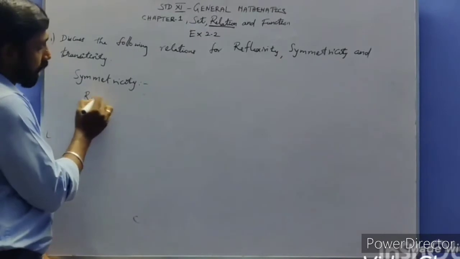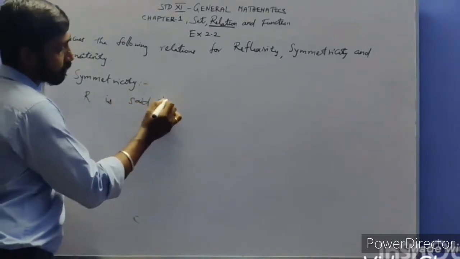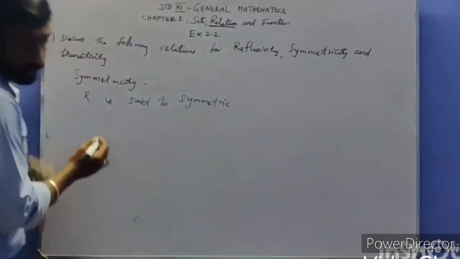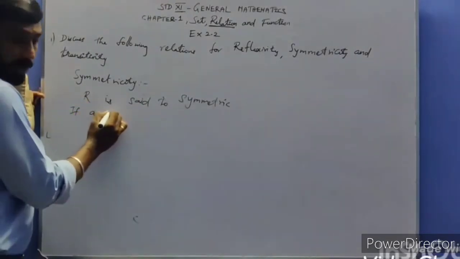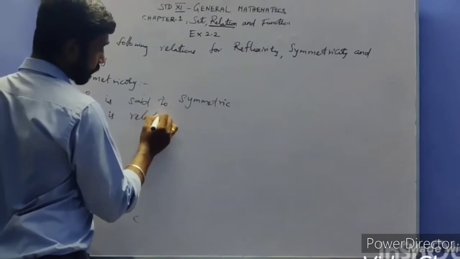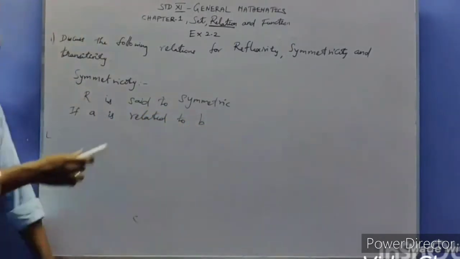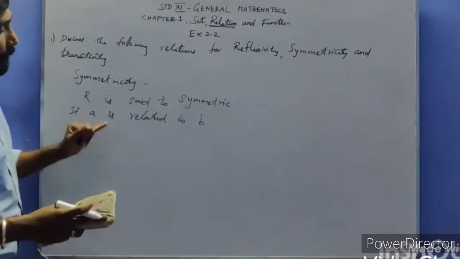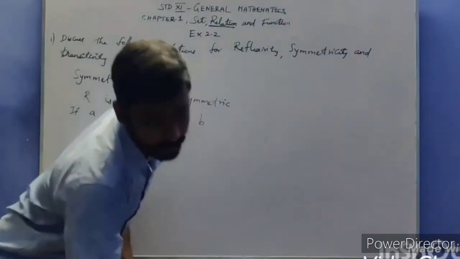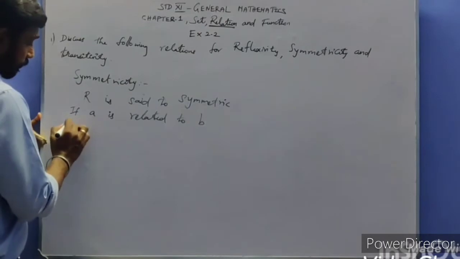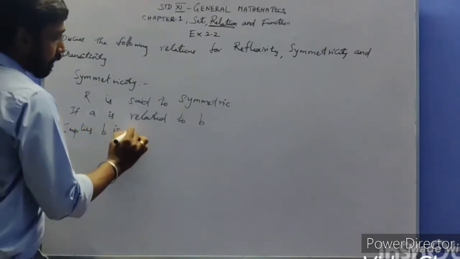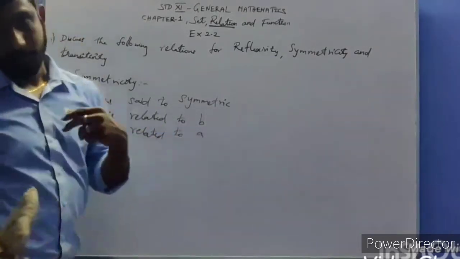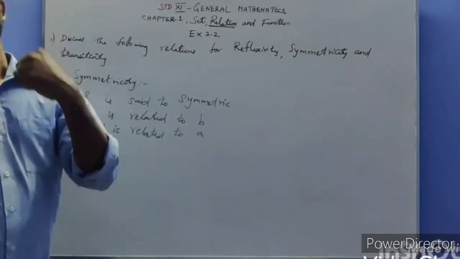R is said to be symmetric if A is related to B, then B is related to A. An example: I am taking class for you, you are taking class for me.